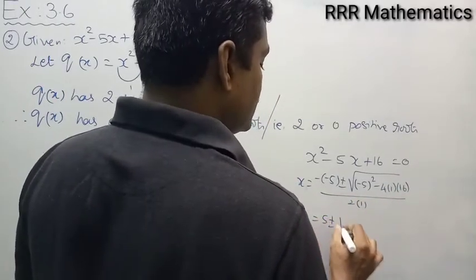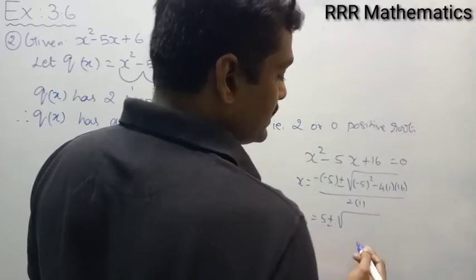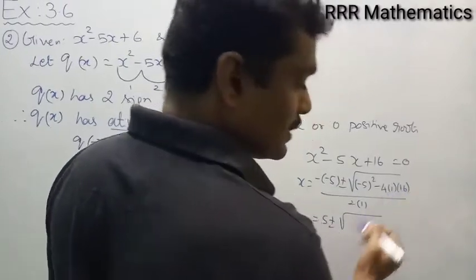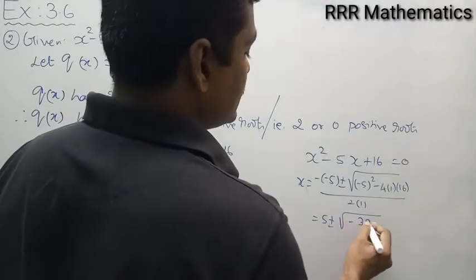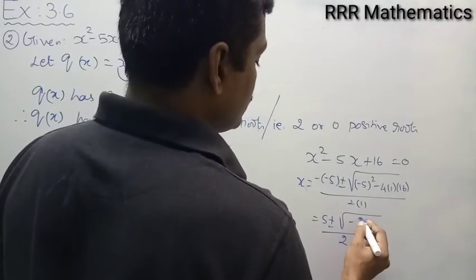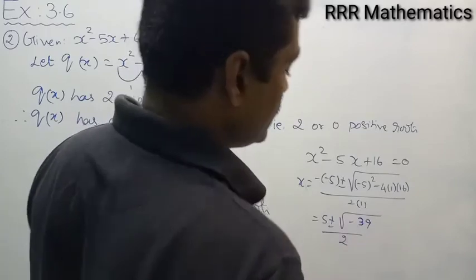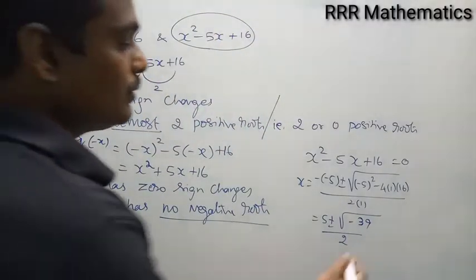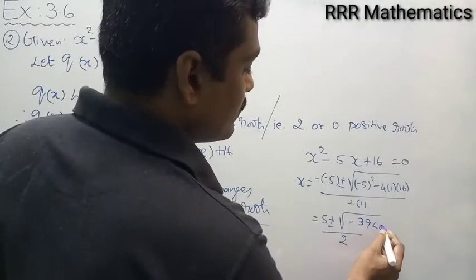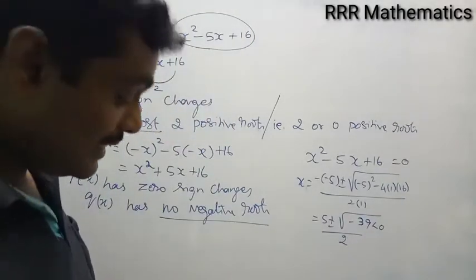It gives 5 plus or minus root of 25 minus 64. 16 fours are 64. 64 minus 25 gives minus 39 by 2. Correct? 39. So this is less than 0. Therefore the roots are imaginary.